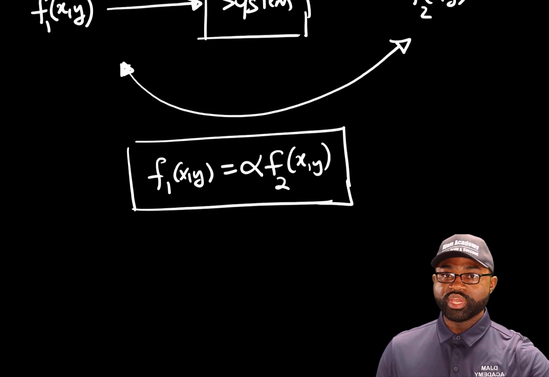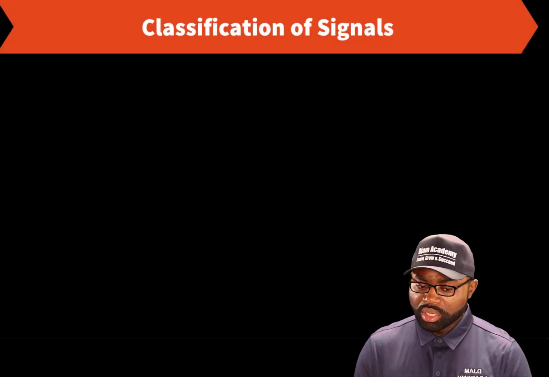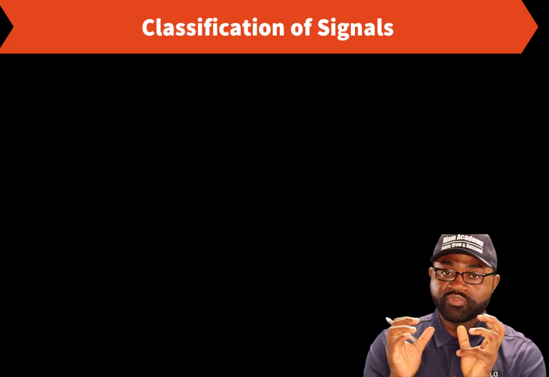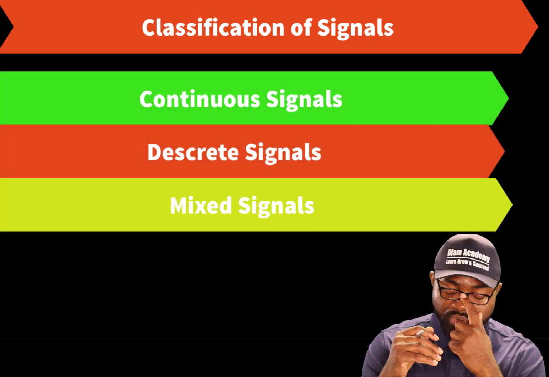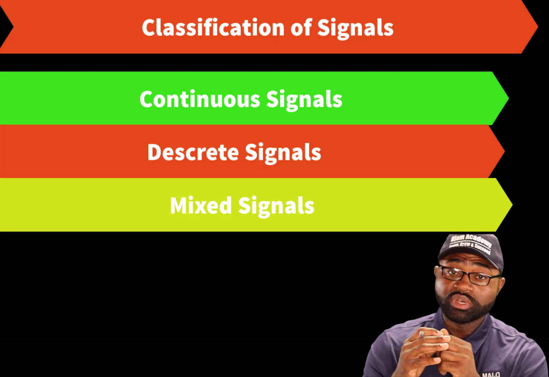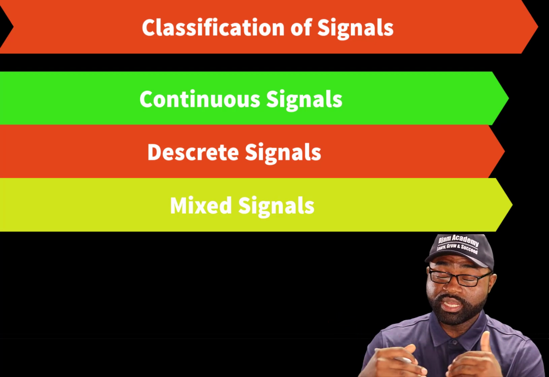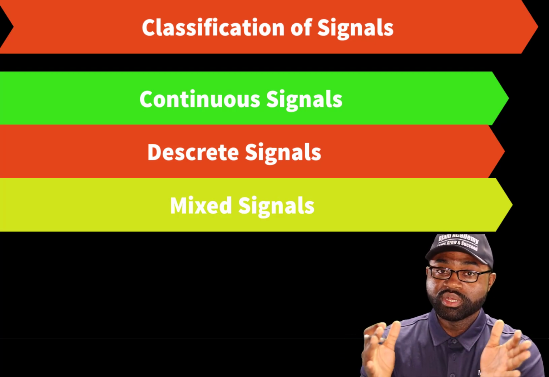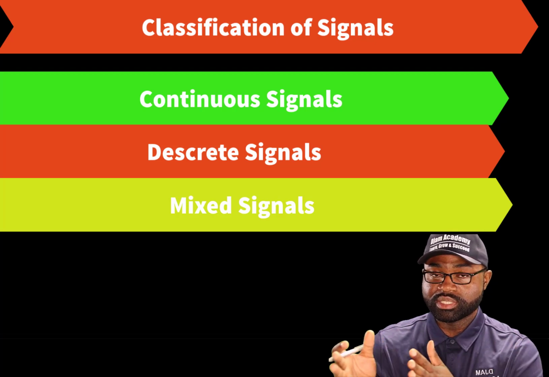So this leaves us with the question, how can we classify different signals? With respect to this lecture, we will broadly classify signals into three categories. But keep in mind that if you study other books, listen to other authors, they might classify signals differently. A signal can be a continuous signal, a discrete signal, or a mixed signal.